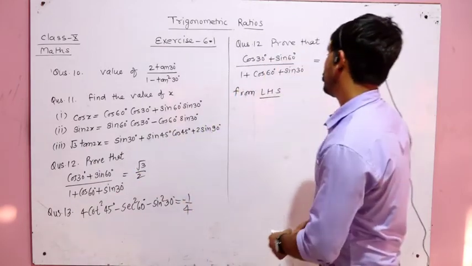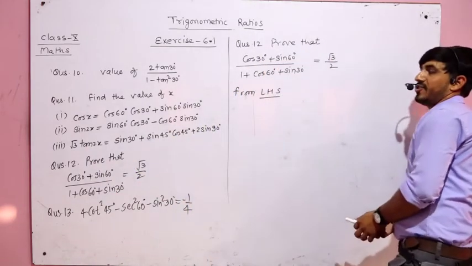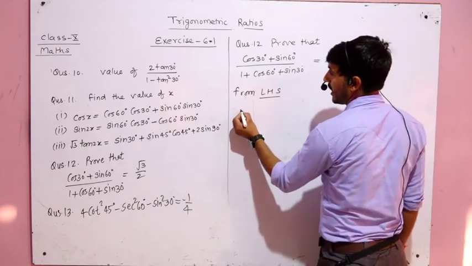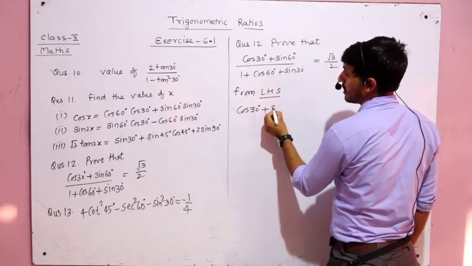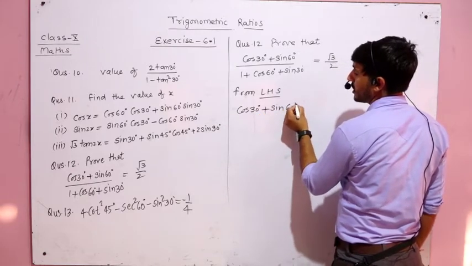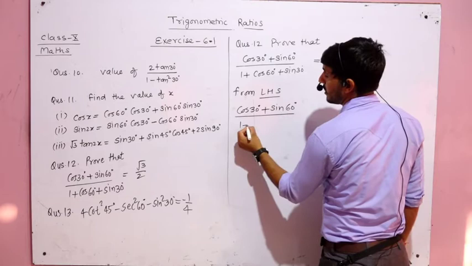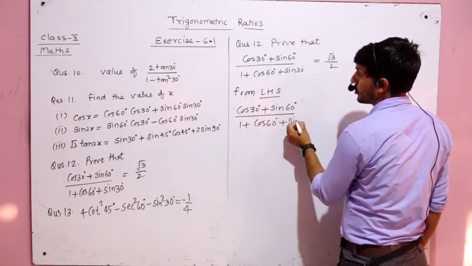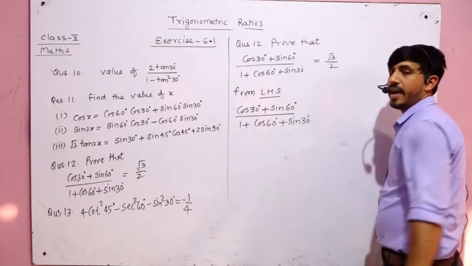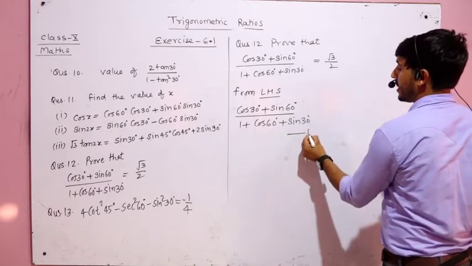That means in this question we are taking the LHS side, which is given as cos 30 degree plus sin 60 degree, divided by 1 plus cos 60 degree plus sin 30 degree, and we take that as equation number 1.